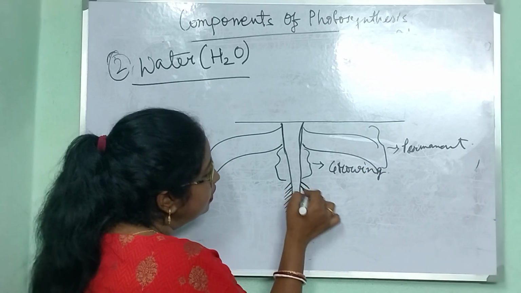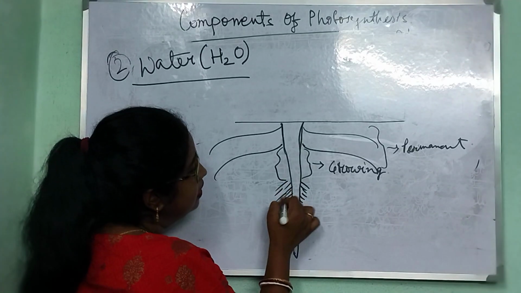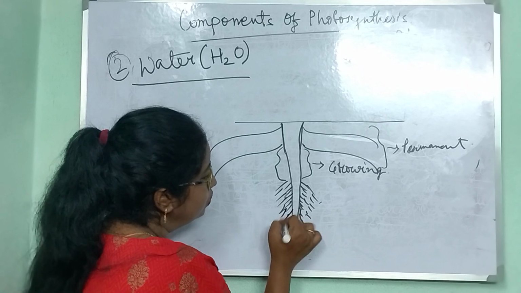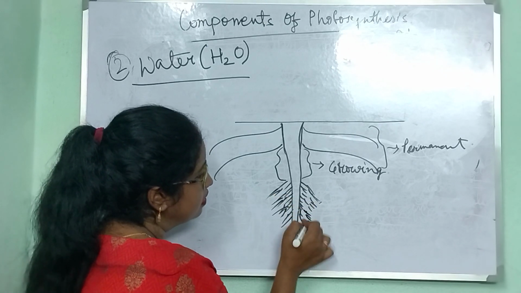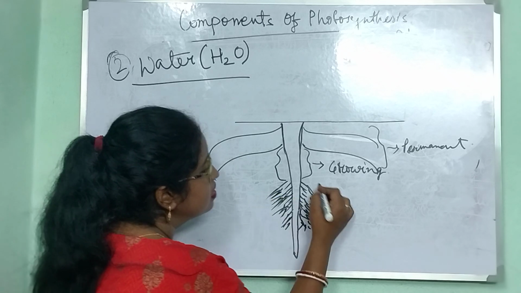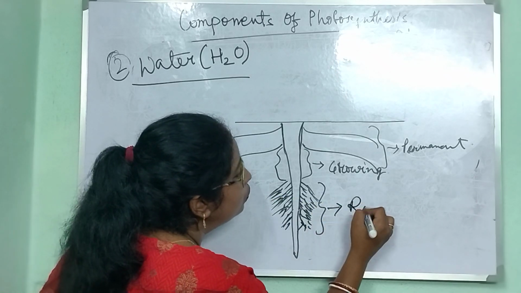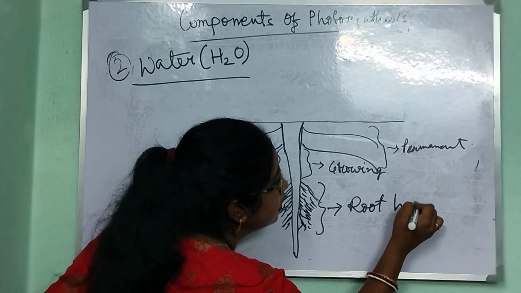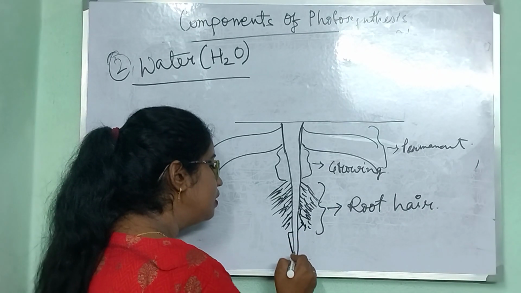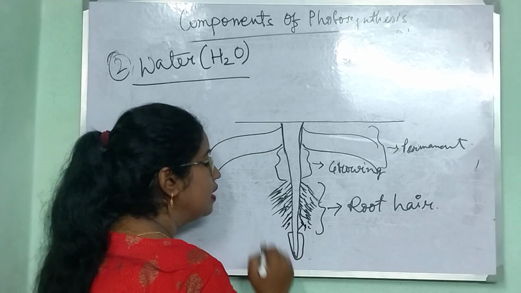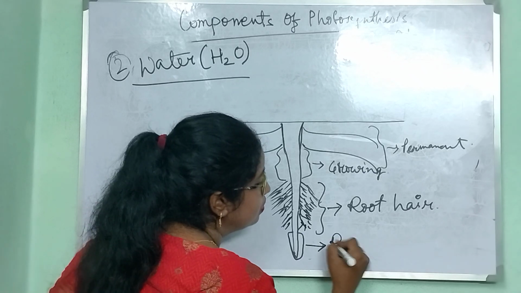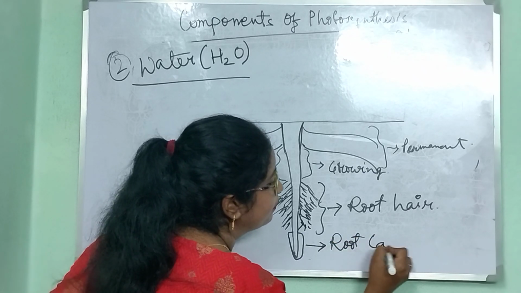And beneath the growing region, there are some hair-like structures in the roots of plants. This is the root hair region, and below this root hair region there is a cap-like structure. This is known as the root cap.